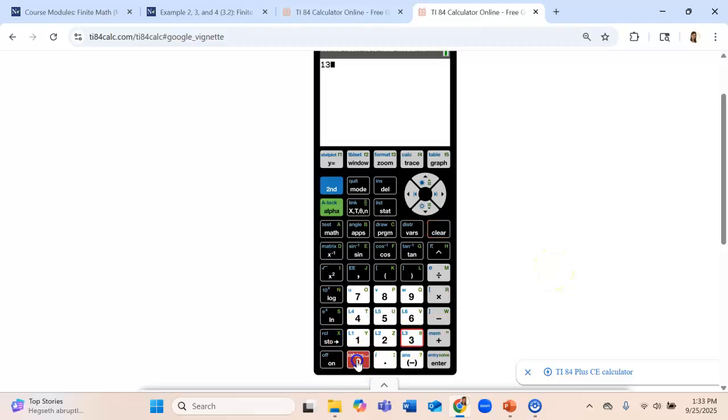So 130, parentheses, 1 plus the 0.03 divided by 1, close your parentheses, make sure you raise the power, and then here, this is key, put your parentheses, 1 times 6, close them, and then hit enter.